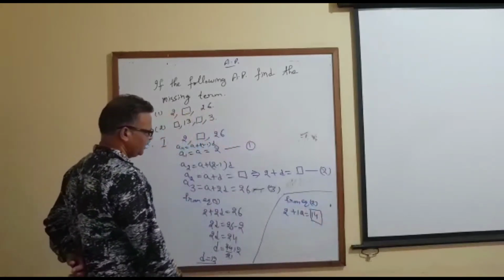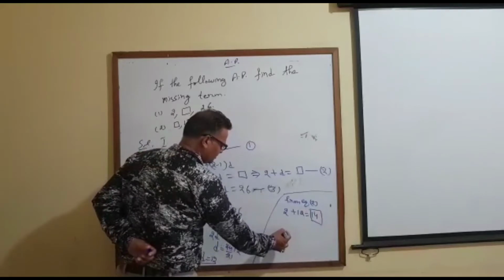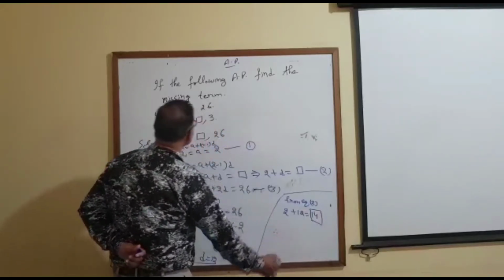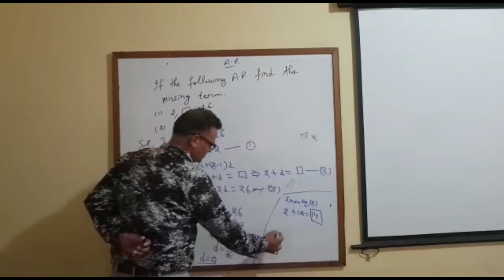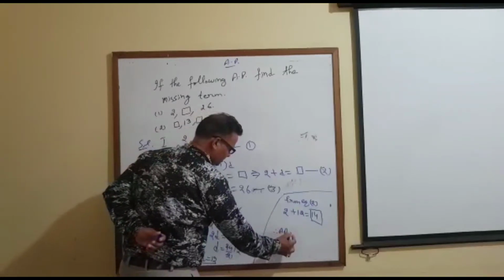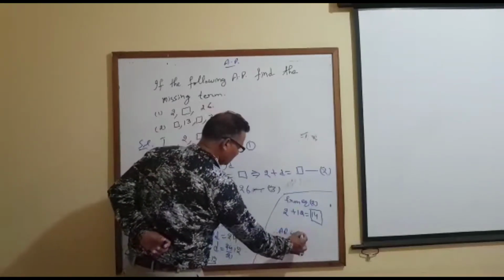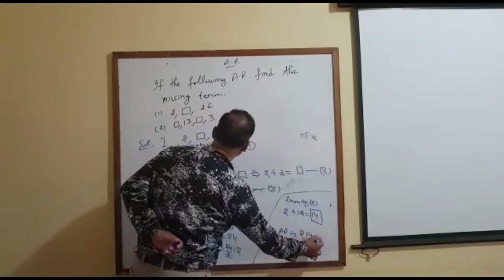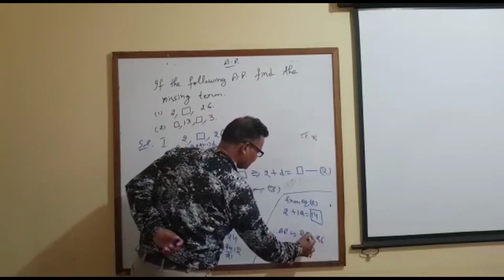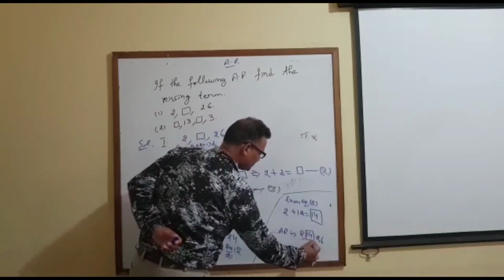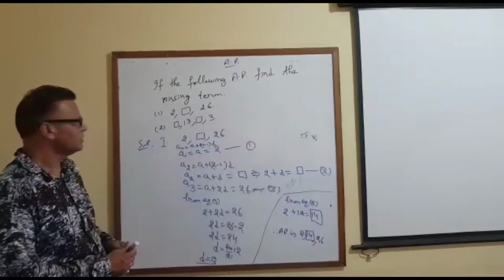So like this we can find the missing term. Therefore we can write the AP series. Therefore the AP series is 2, 14, 26. This 14 is the missing term.